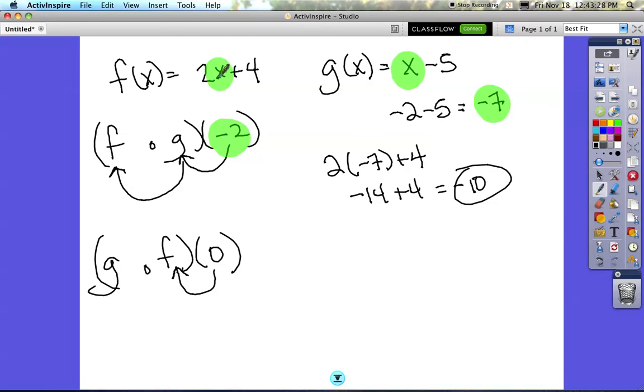F. 2 times 0 plus 4. Now that's going to go into my g. 4 minus 5, negative 1.